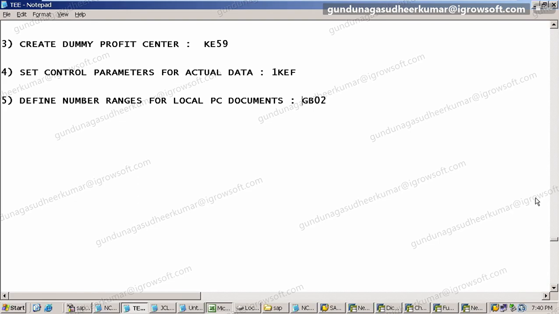So when the data is coming from FI to CO, in CO we maintain the number range. From CO it is not stopping there; it is moving from CO to PCA, profit center accounting. There also we should maintain the proof that it has come into the profit center account. So go to GB02.